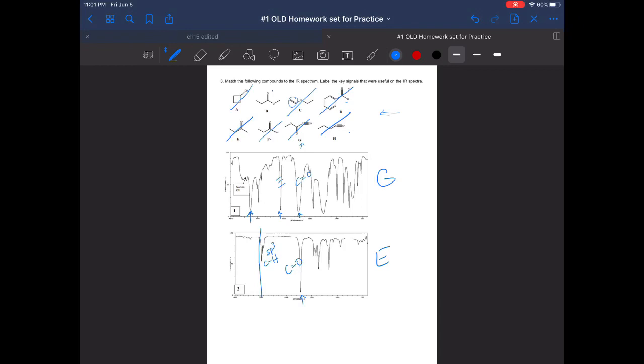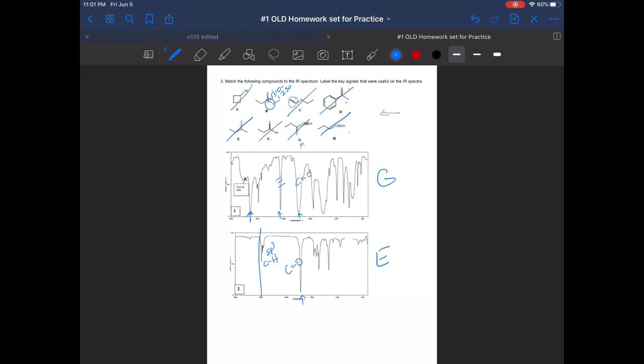If I have an ester, right, the CO bond in an ester gives a very strong peak between 1310 and 1250. Any organic textbook will have an IR signal chart somewhere in the IR chapter. Right now, I just Googled IR chart and I went to the first link. So it's pretty easy to look into.